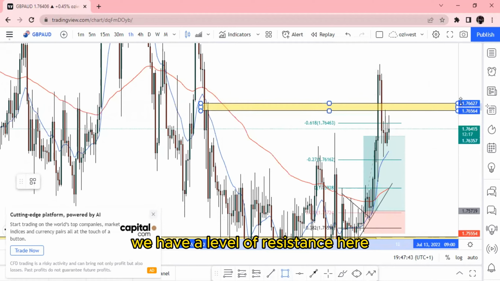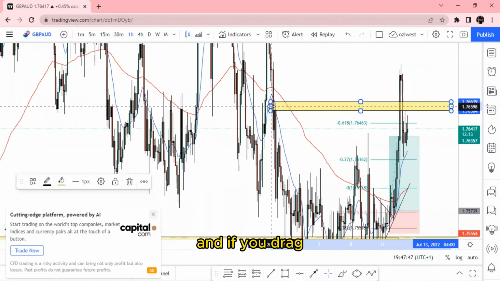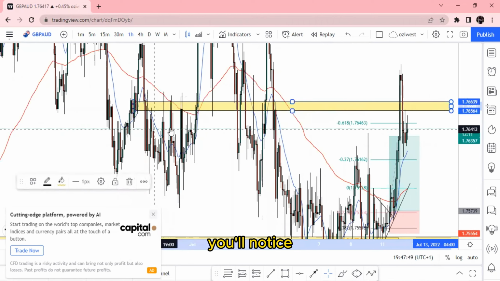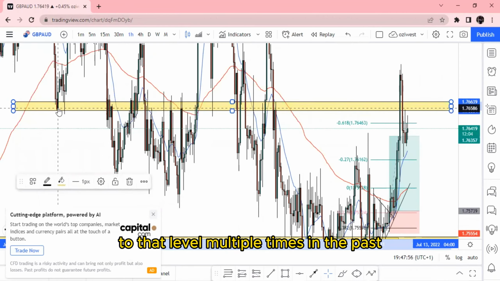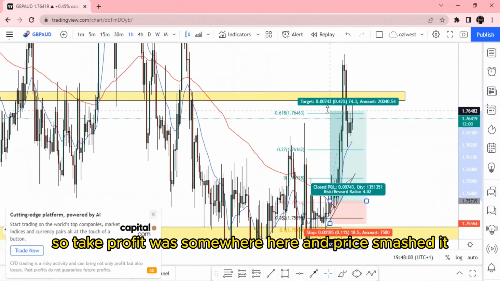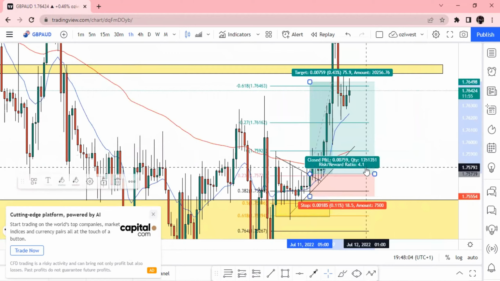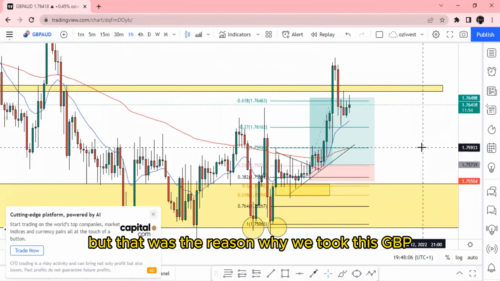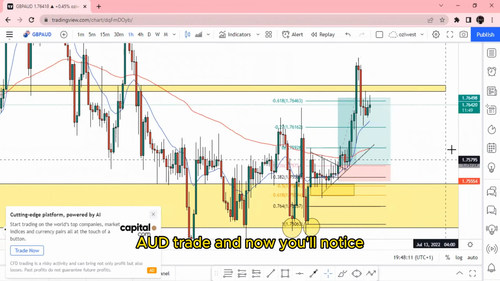We add the level of resistance here, and if you drag, you notice price also reacted to that level multiple times in the past. So our take profit was somewhere here, and price smashed it. So that was the reason why we took this GBP AUD trade.